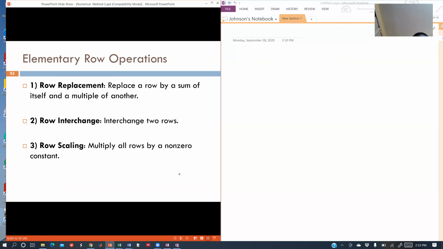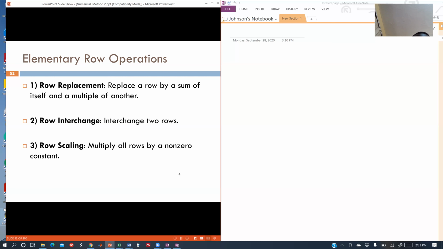So these are the 3 main known operations under elementary row operation, or what is Gaussian elimination. And what I want to emphasize here is that look at the definition of the first operation. It says that you replace the given row, the row that you want to replace, by a sum of itself and a multiple of another.